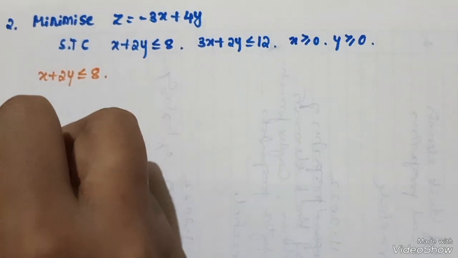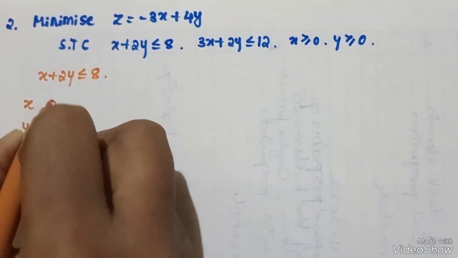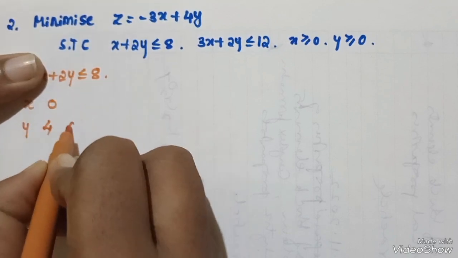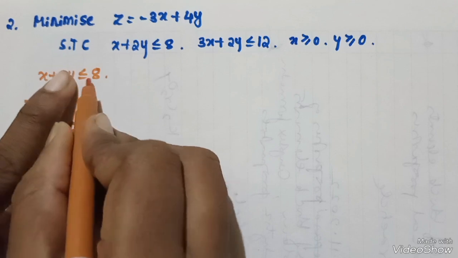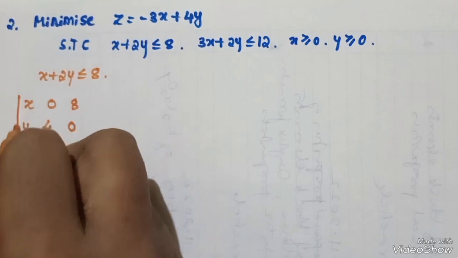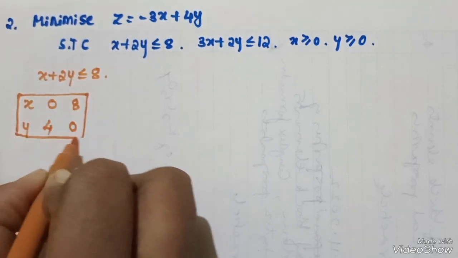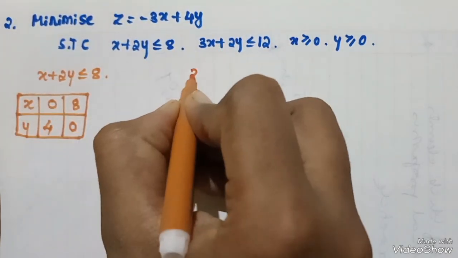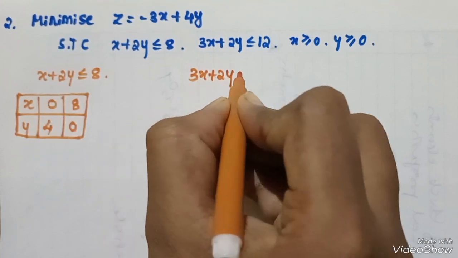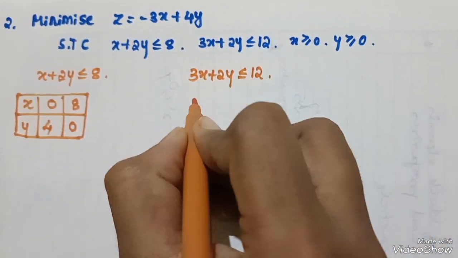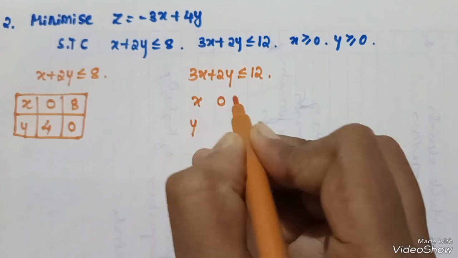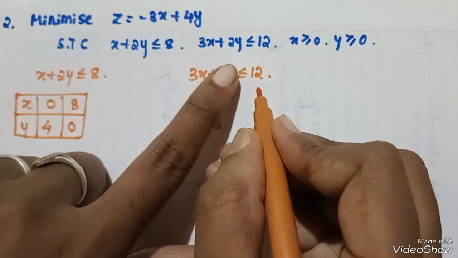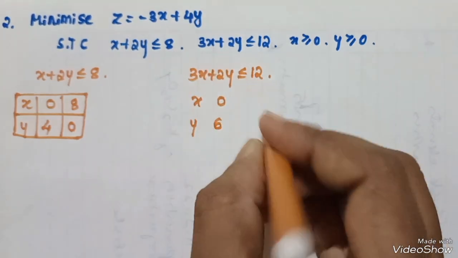When x is 0, we get y is 4, and when y is 0, we get x is 8. Again, the second equation, 3x plus 2y less than or equal to 12: put x is 0, so we get y is 6. Again, take y equals 0, x is 4.